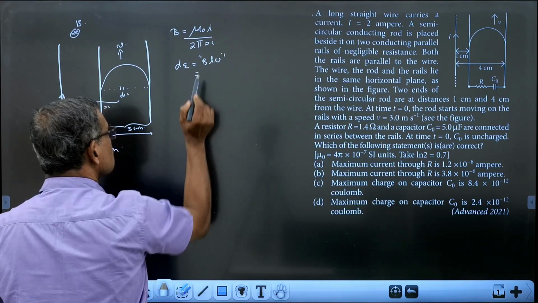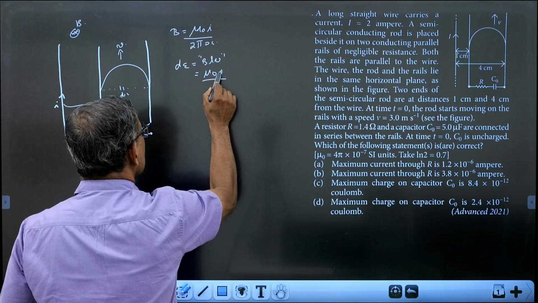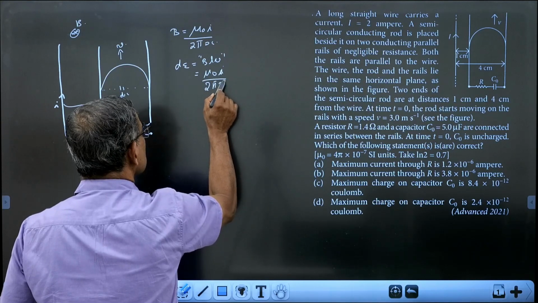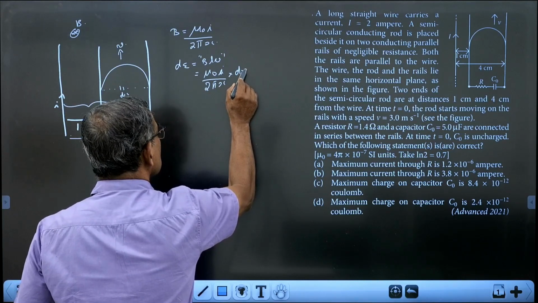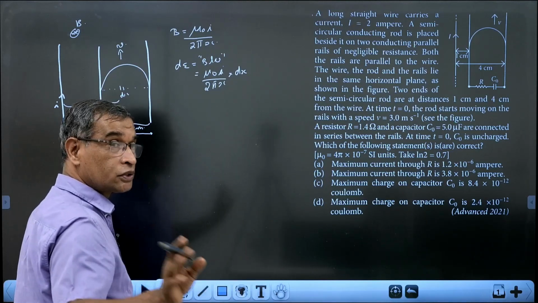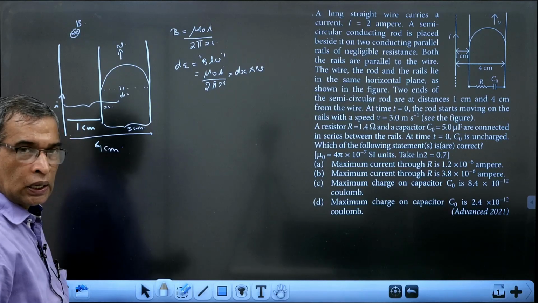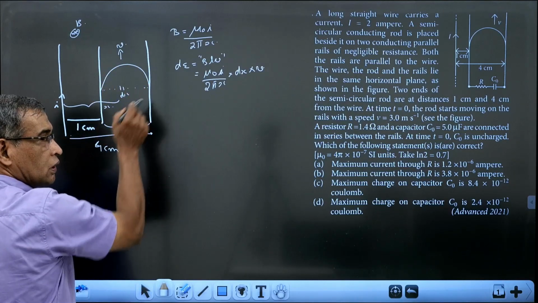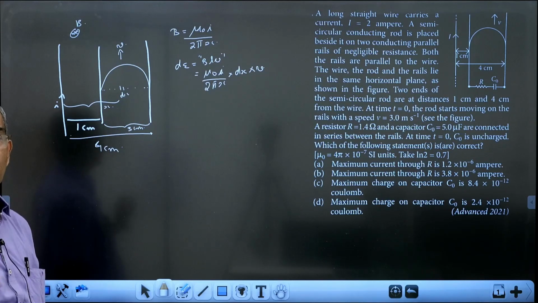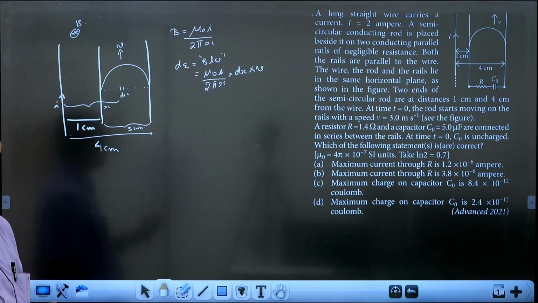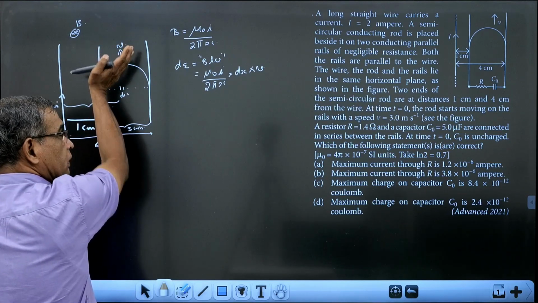Here B is mu0 I by 2 pi x, into the length of that small segment dx, into V. With a steady speed, the velocity of all the segments is the same. For the entire conductor, the total EMF is the sum of the contributions of each element, and added up we get the total EMF induced across the rails because of the motion of this shaped conductor.